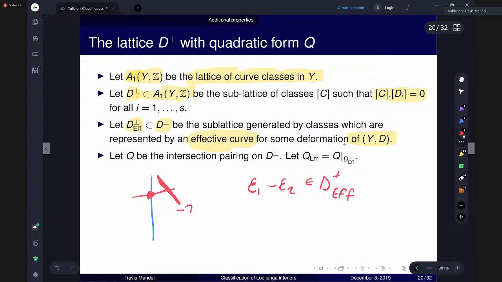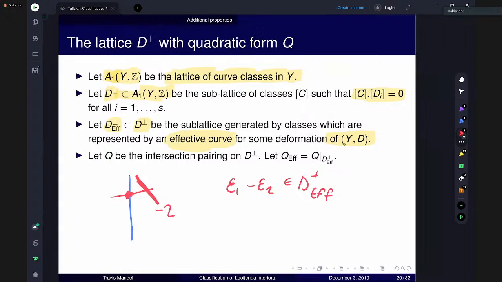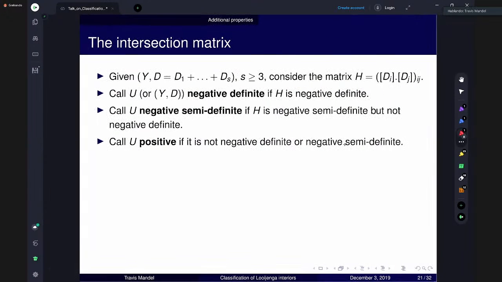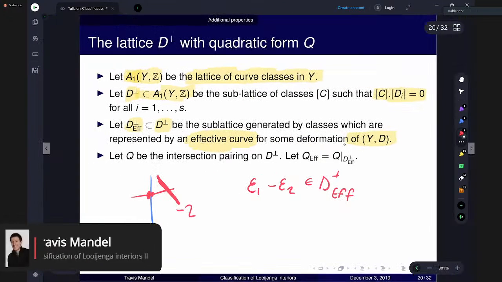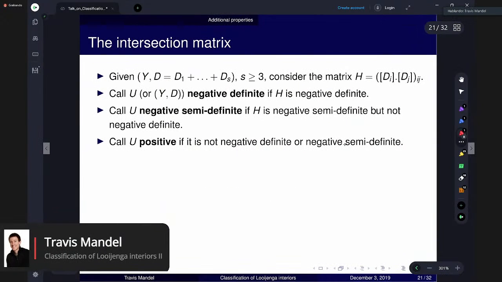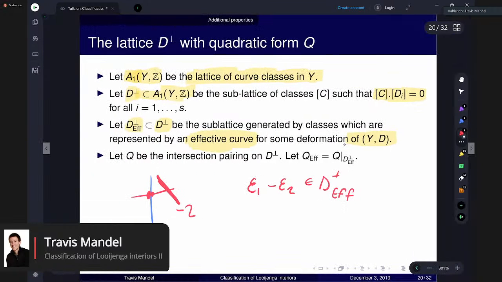So this will be a -2 curve, self-intersection number -2. And this is in D perp, and this time it's an effective curve. So basically, these -2 curves, generically, you won't have any of them. You won't have any effective curves in D perp, but there are special choices of deformations where they can show up.